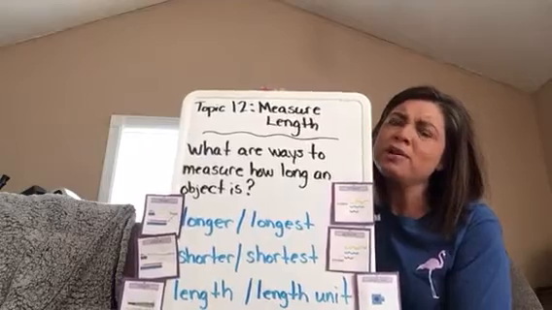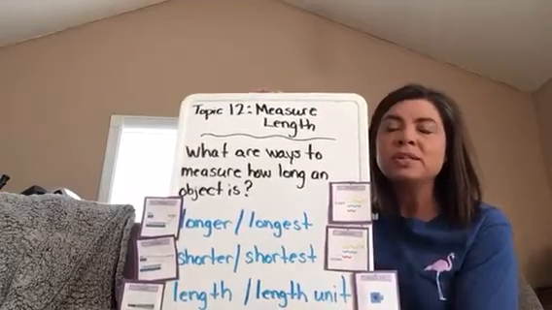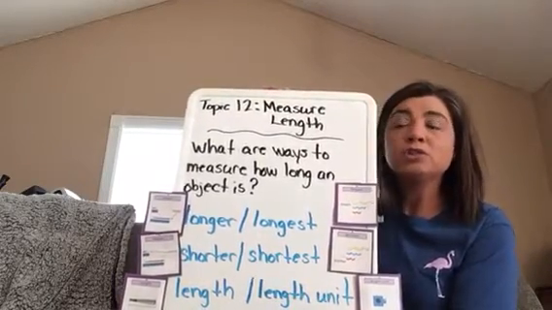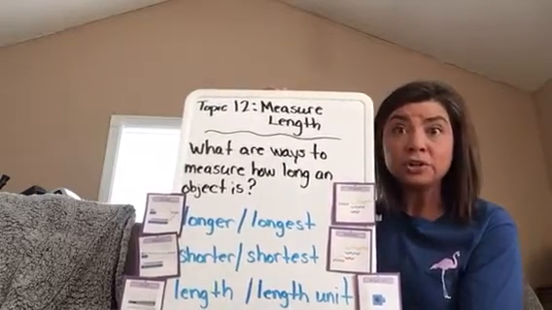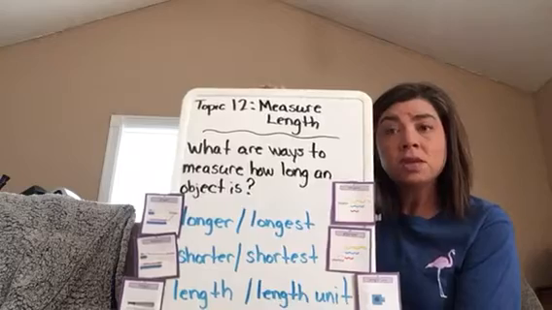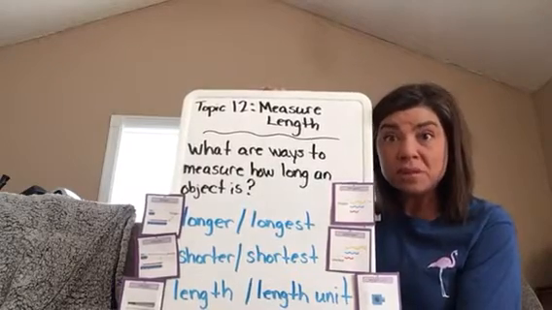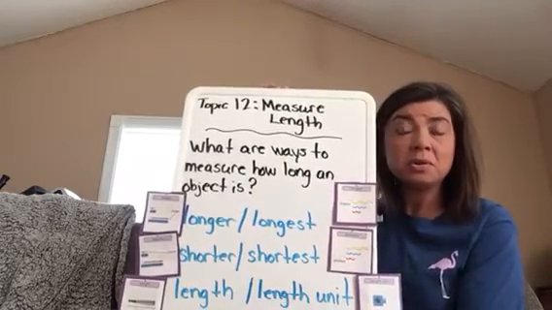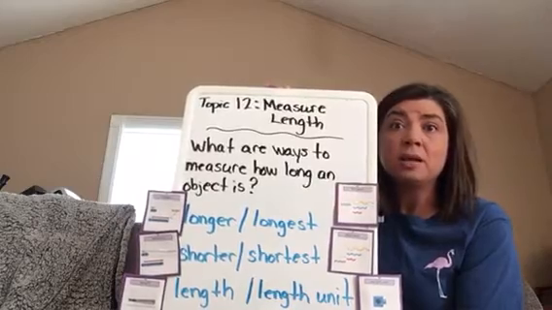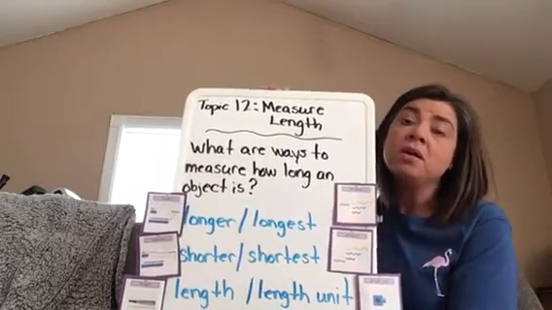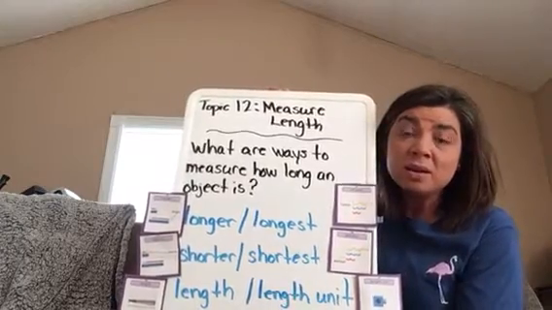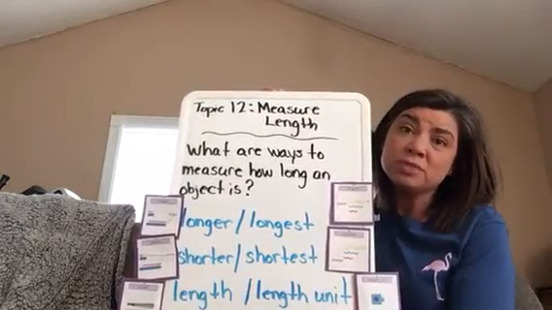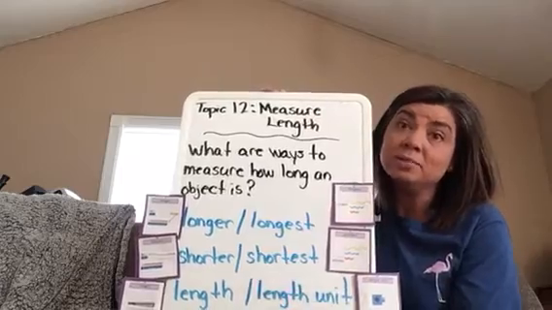Think about what you already know about measuring. Maybe it's something that you've helped your dad or your mom or your grandpa or grandma do at home, where you had to measure something. Maybe build something. You could be measuring to cut a piece of wood. Maybe your mom is making something with some material, and you had to measure the material to get it cut the right size.